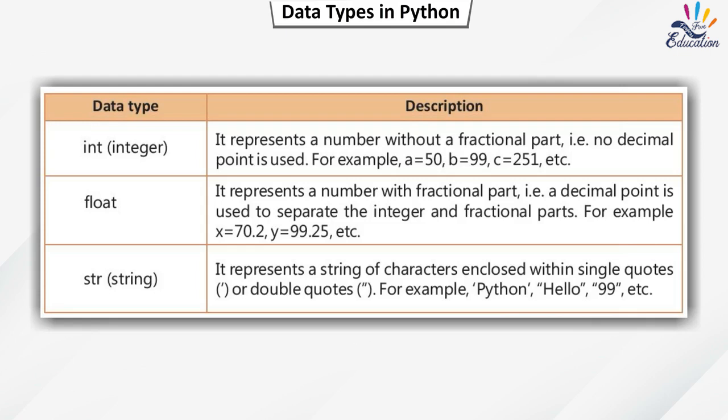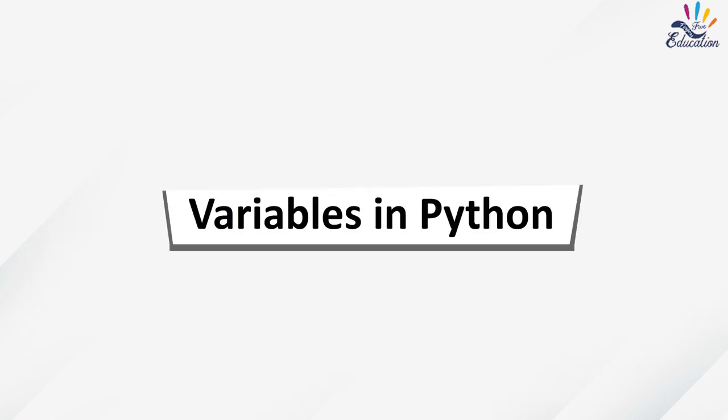For example, x = 70.2, y = 99.25, etc. Str, string. It represents a string of characters enclosed within single quotes or double quotes. For example, 'Python', "hello", '99', etc. Variables in Python.